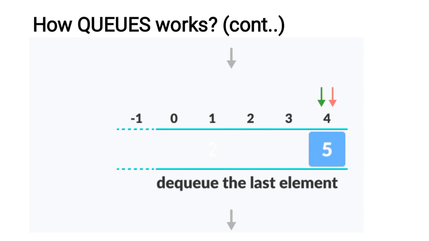So what happens if we remove the last element? If we remove the last element, it means that the value of rear and the value of front will be set to -1.